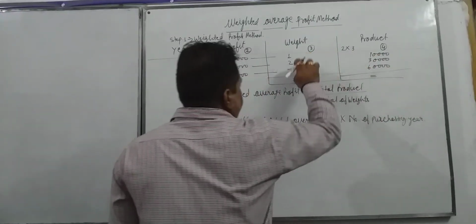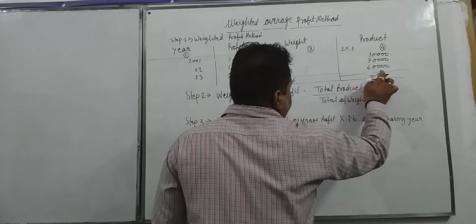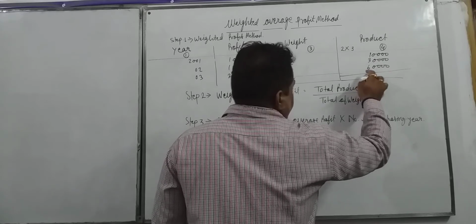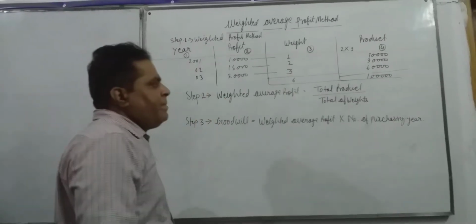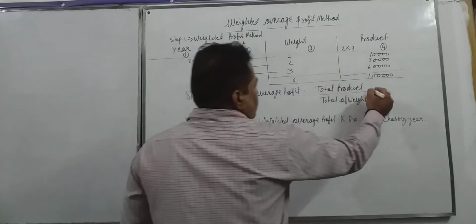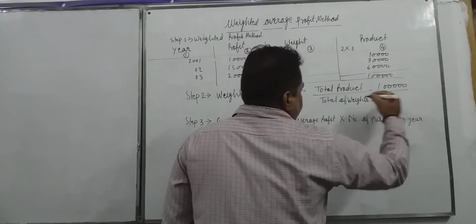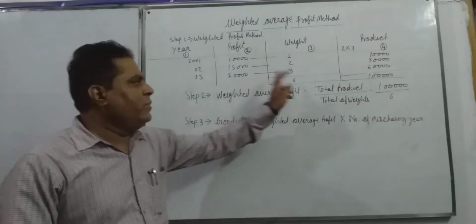Sum of weight is 6 and sum of product is 1 lakh. This is your total of product, this is total of weight. So simply 1 lakh upon 6, you can find out your weighted average profit by applying this formula.